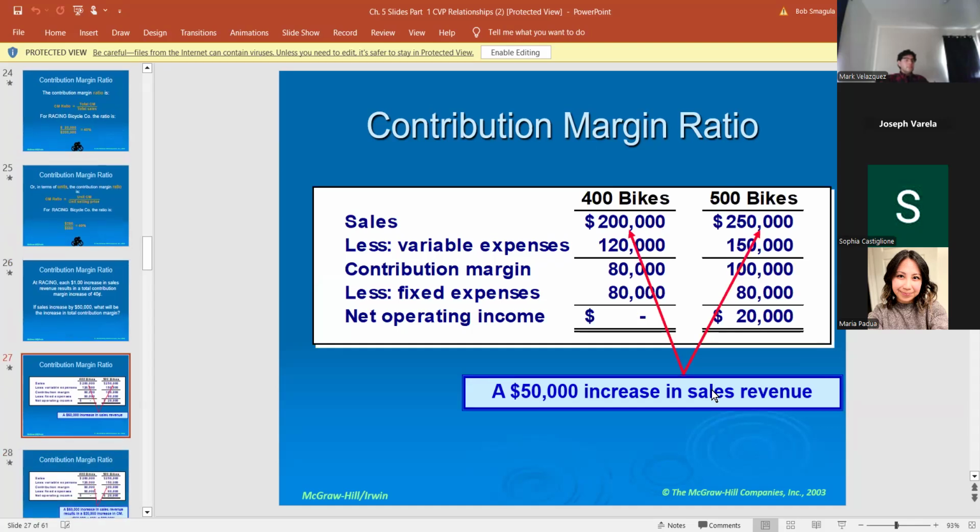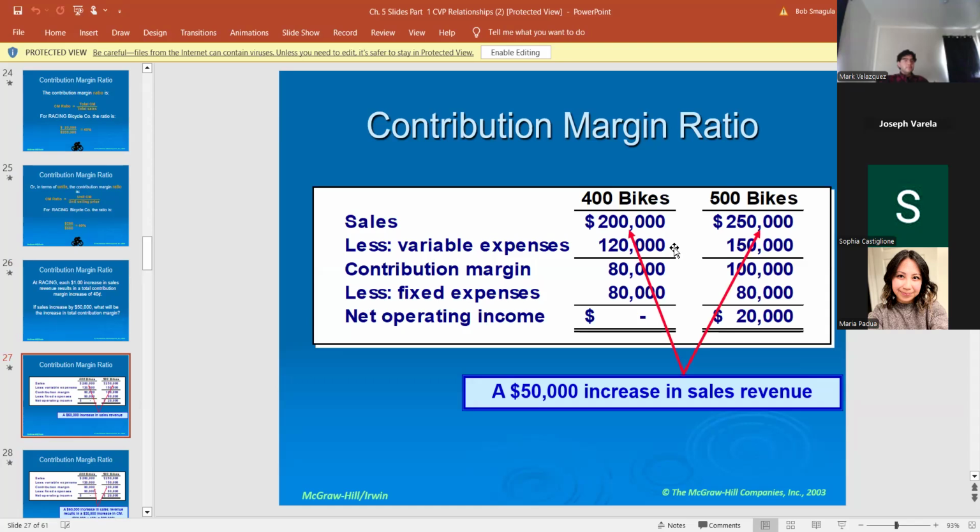Here we go. We were break even at 400 bikes. Now we sold a total of 500 bikes, 100 more. Sales are now 250,000. The variable costs are 60%, remember? And 40% was the contribution margin.